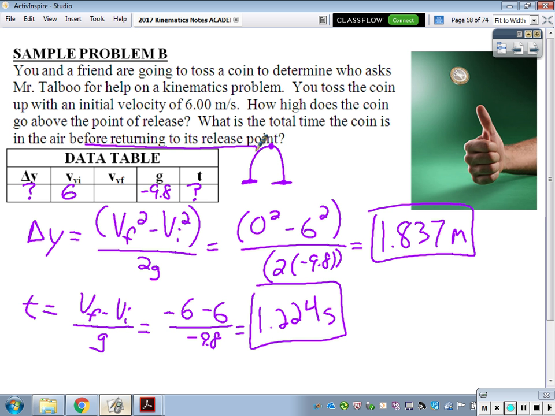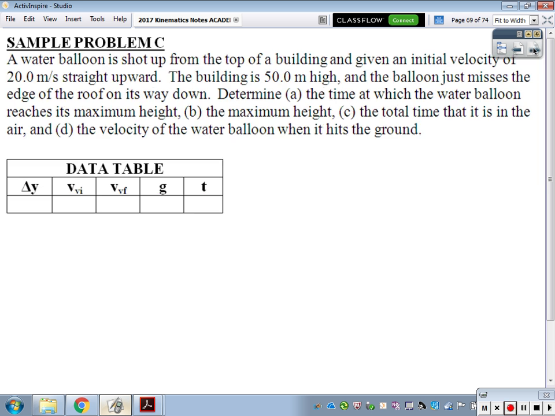Anytime that you have any indication that it's going to return back to the height that it started, it has to be a symmetrical problem. Well, we're not quite at that type of example yet. But let's take a look at our next problem, which is going to be an asymmetrical problem when we get to that. Okay? All right.